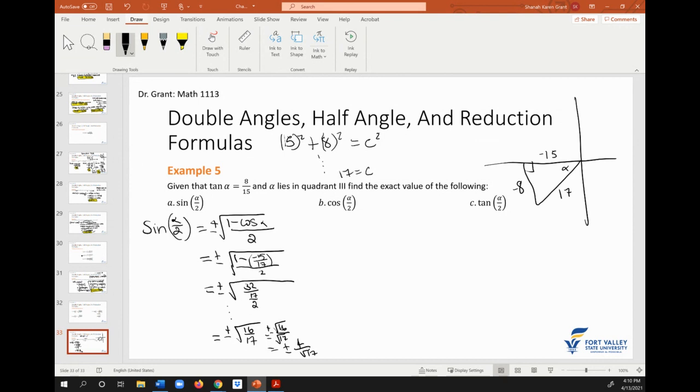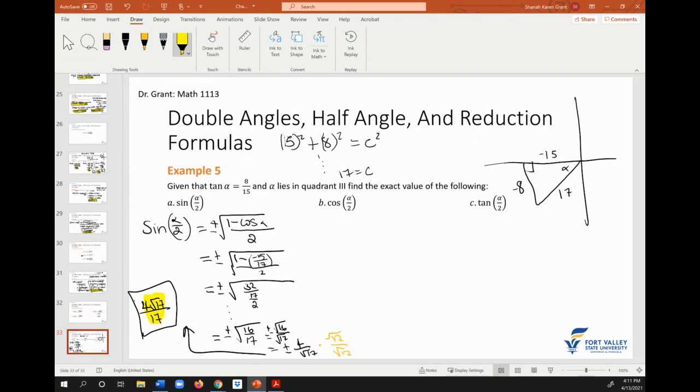If you rationalize, you multiply by root 17 over root 17, so this becomes 4 root 17 divided by 17. And that's going to be my answer.